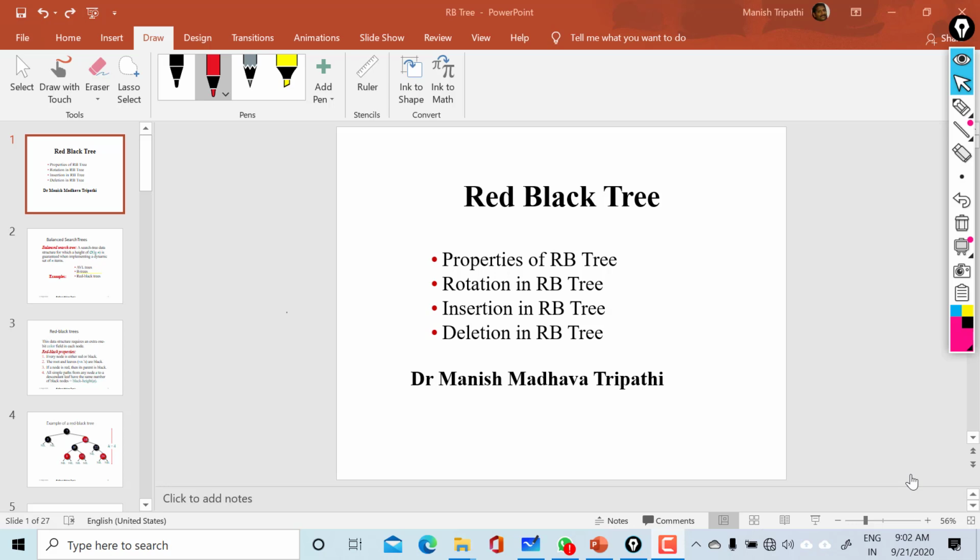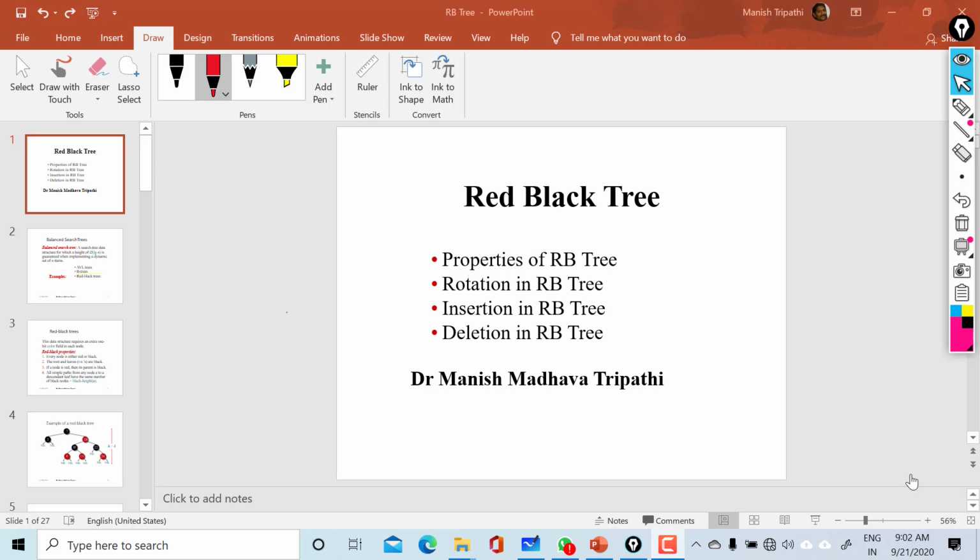This makes the binary search tree unbalanced, and in an unbalanced binary search tree, the complexity increases from log n to n square. Therefore, we have to find a solution so that the balancing factor can be maintained.